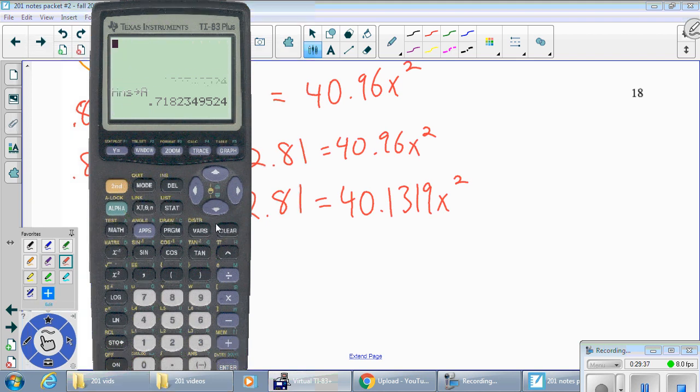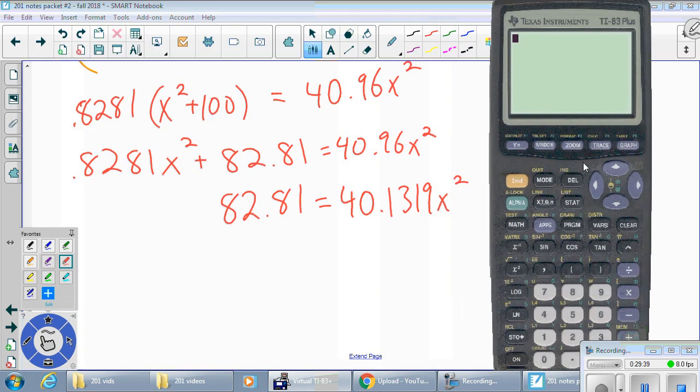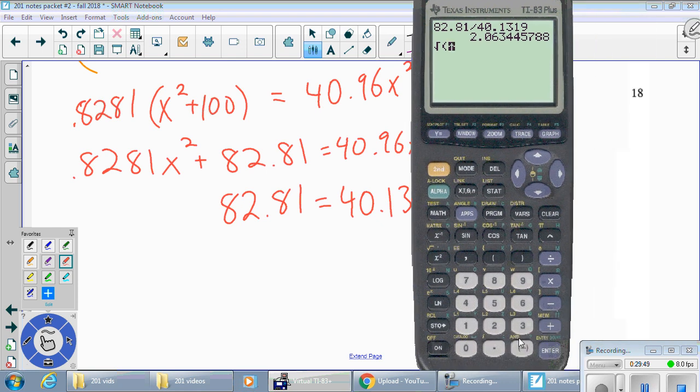We're taking our 82.81 and dividing it by 40.1319, and then we're going to take the square root of that. So this is our new critical point, 1.436.